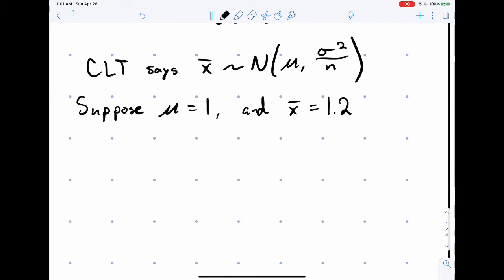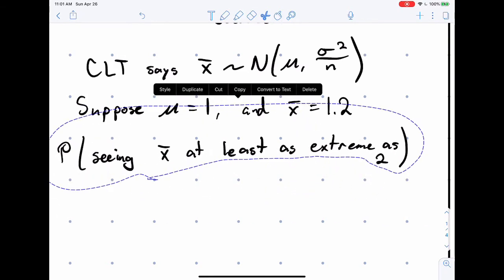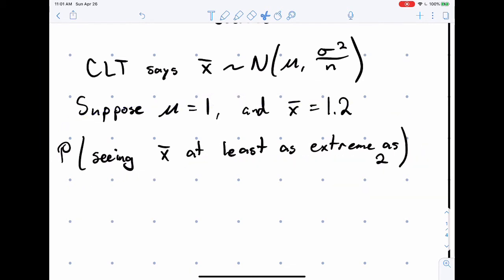So let's find out. Let's calculate it. The way we can calculate it is to find the probability of seeing a value of x bar that is at least as extreme as 1.2 here.